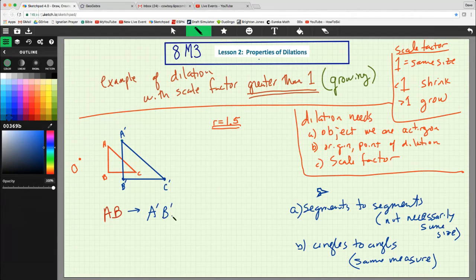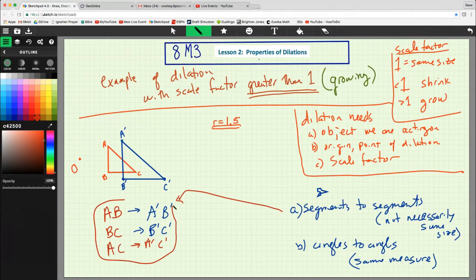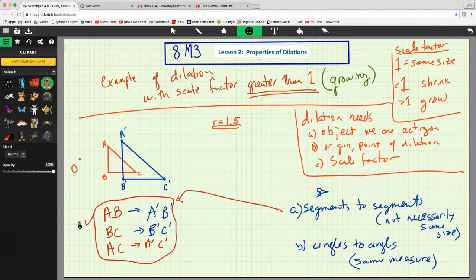We have a BC here and a B prime, C prime here, and then we have AC here and an A prime, C prime here. So this says that our segments map, check. Let's give ourselves a little happy cat here.